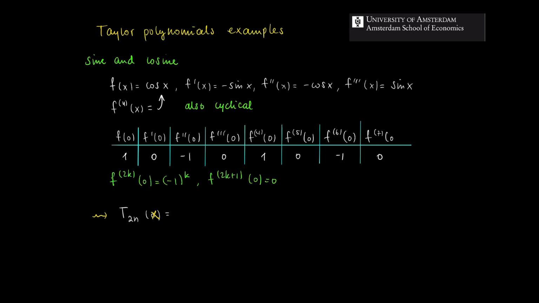Then what we get is T_2n in x equals 1 minus x squared divided by 2 factorial plus x to the power 4 divided by 4 factorial, etc., etc. And as a last element, we get minus 1 to the power n times x to the power 2n divided by 2n factorial.